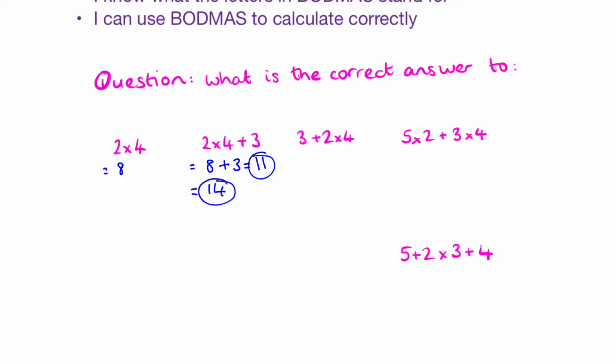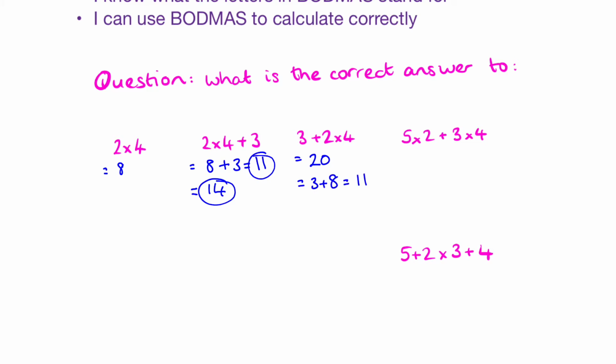3 times 2 is 5, times 4 is 20. But let's look at it working a different way around. What if we did 3 add the answer to 2 times 4? That would be 3 add 2 times 4, which is 11.